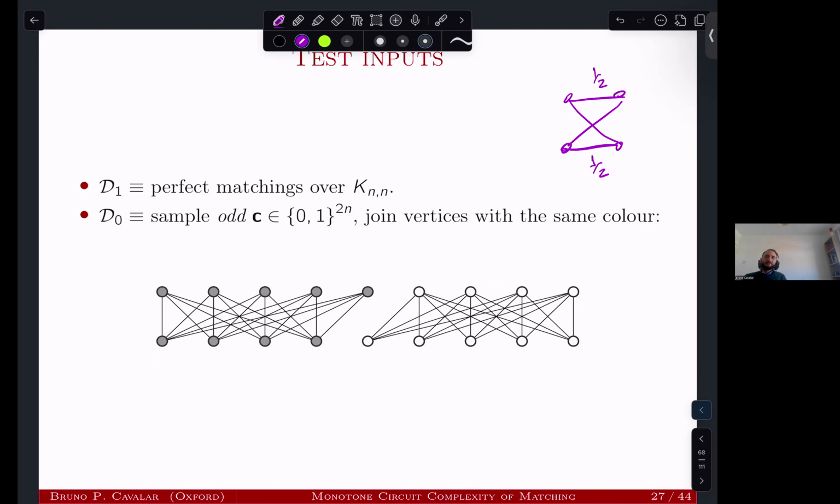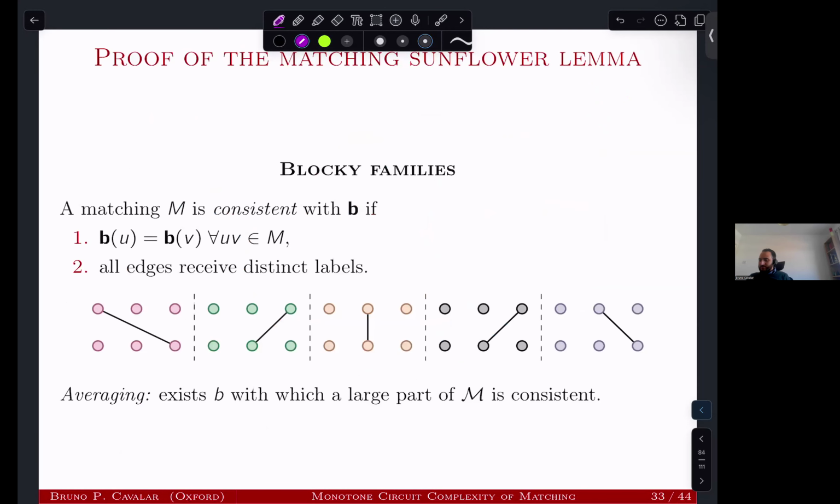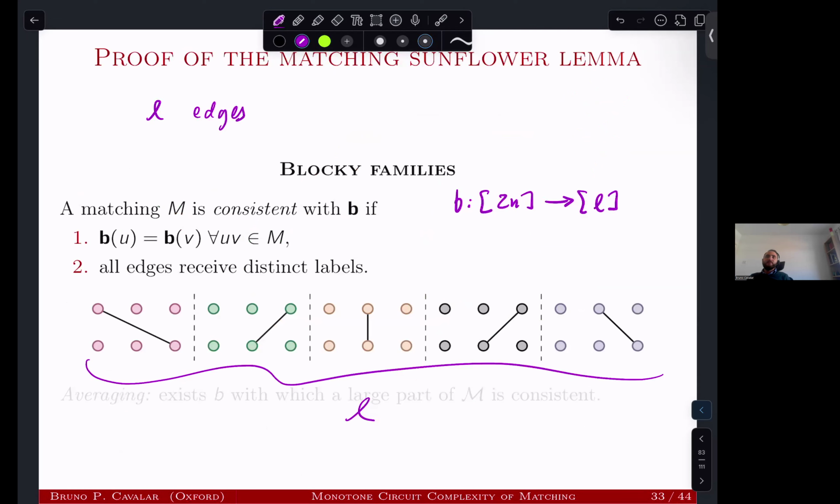So maybe another question also before we take a break. For those who are thinking about tuning in after the break for the technical hardcore part of the talk, can you give any teaser of what we could get to? I think we could try to show this matching sunflower lemma in a clean way, and I felt like some of you were lost a bit.